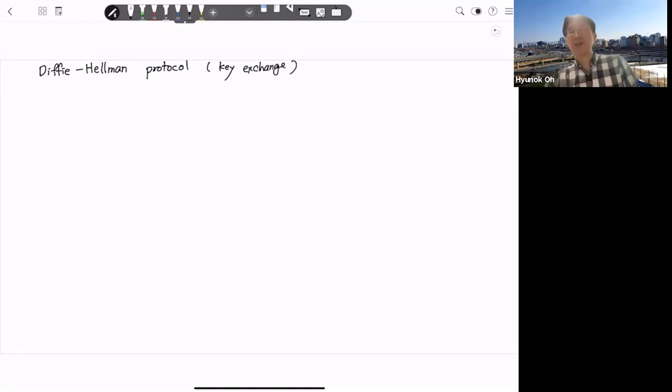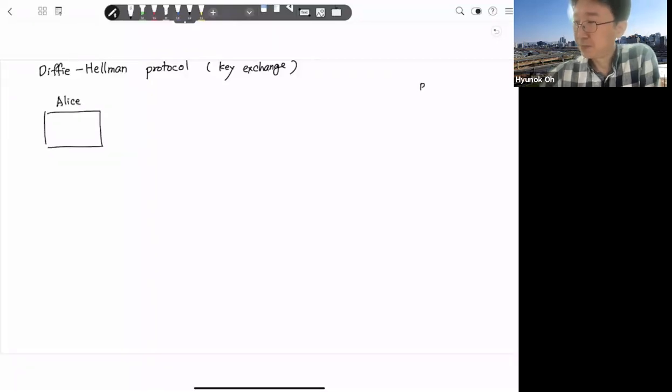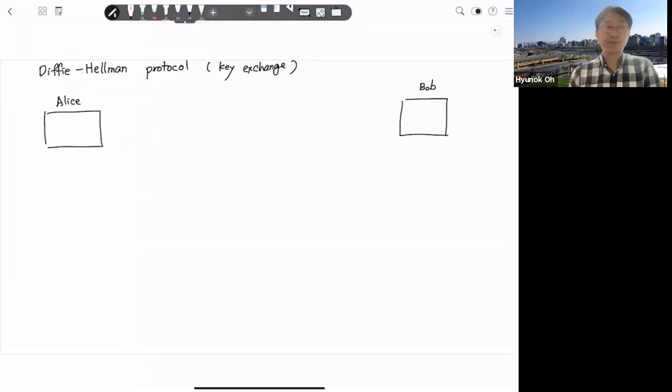Using Diffie-Hellman, we can construct a shared key between two parties, Alice and Bob. They want to construct a shared key K. Instead of just sending the K value from one party to the other, they use the Diffie-Hellman protocol.